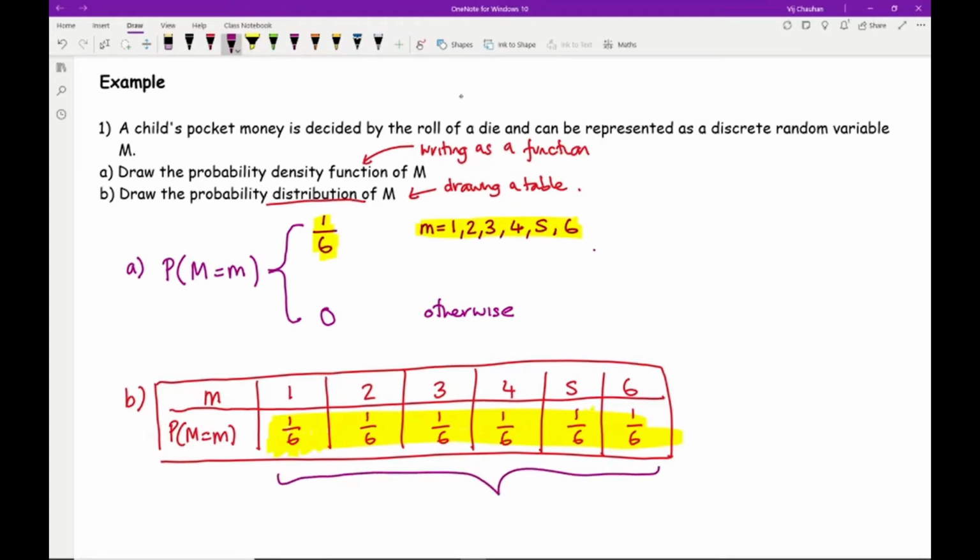And how that was written in the notation is the sum of P of M, it could be any letter, over all the values of M has got to equal 1. So the sum of all of those must add up to 1.